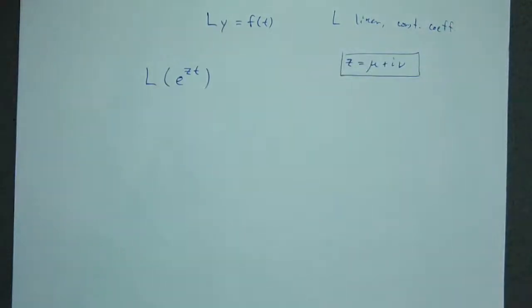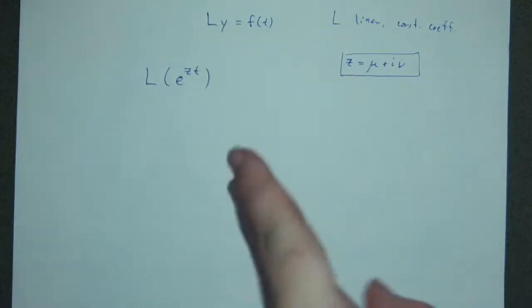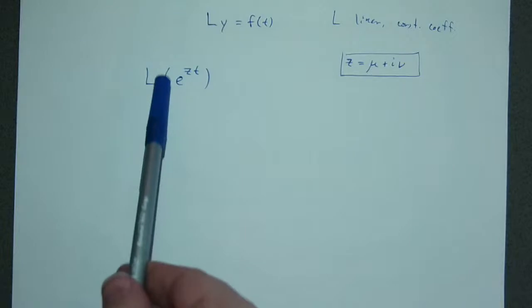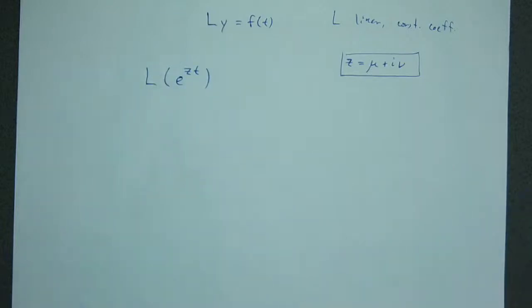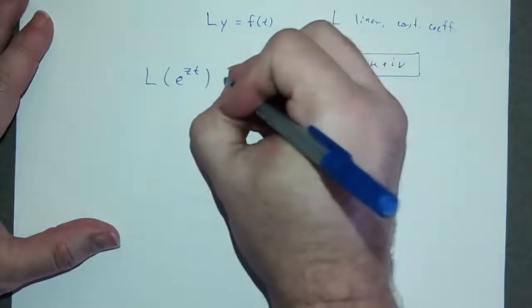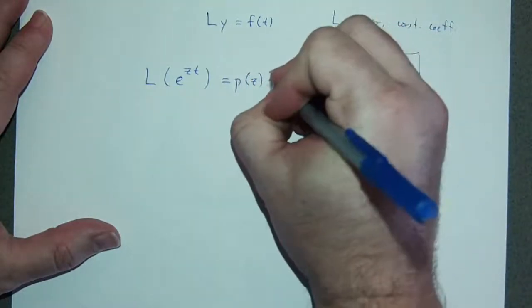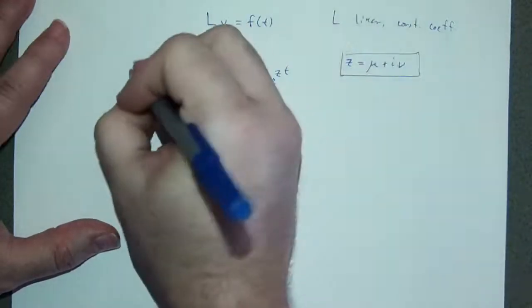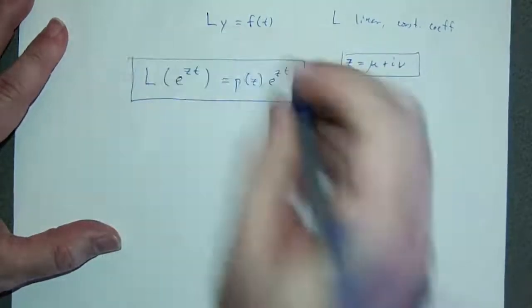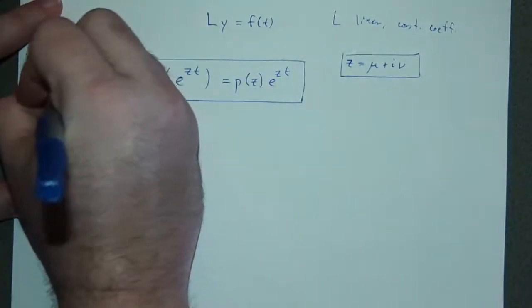But let's say it's L of e to the zt. If I plug in e to the zt here, or don't think of it like that, think of it as just hitting it with L, what do I get? It turns out that I get p of z times e to the zt. This expression is called the key identity.